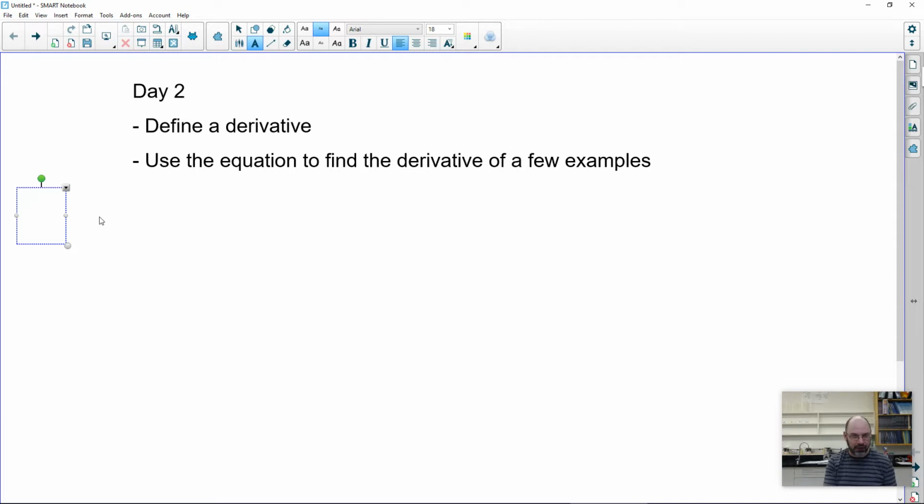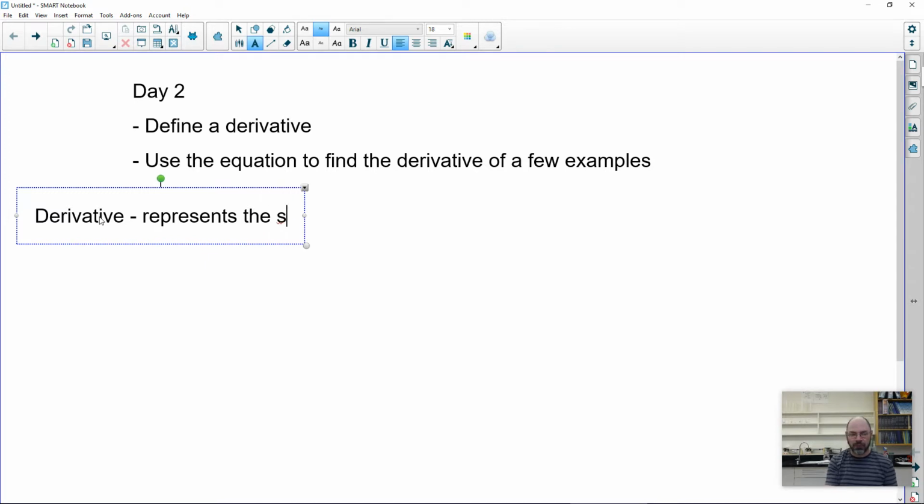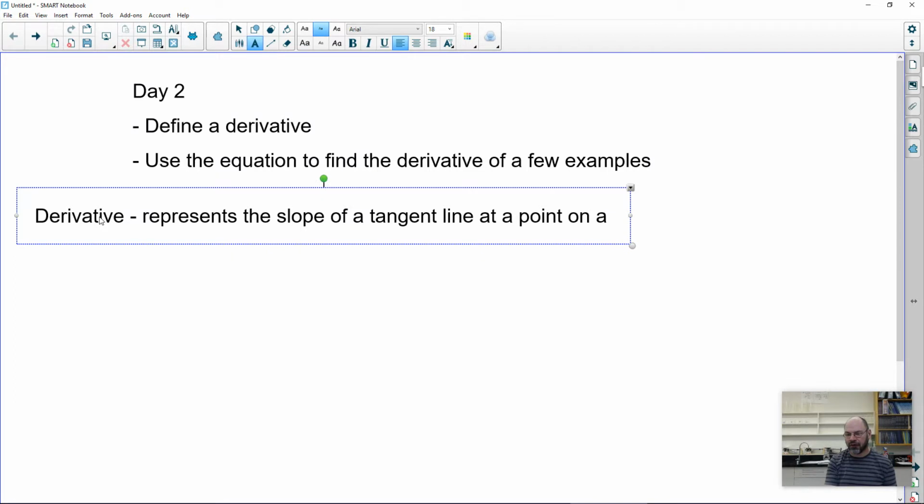So let's say derivative. This represents the slope of a tangent line at a point on a curve.